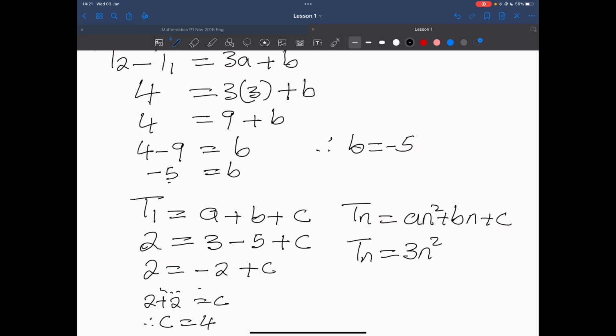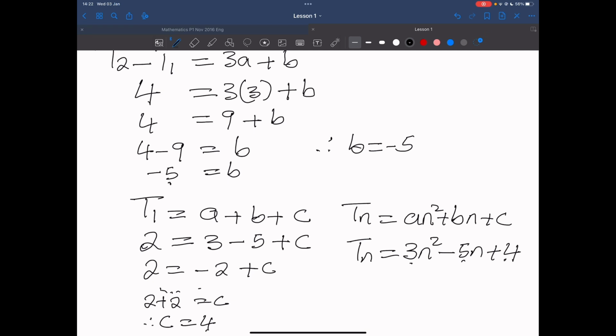B is negative 5, so we put a minus 5n, and the c, we just calculated it to be 4. So that is our quadratic number pattern. So this is if we decide to calculate b first. In this case, we have calculated a, b, and c.